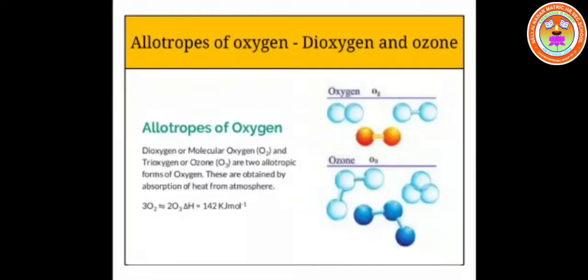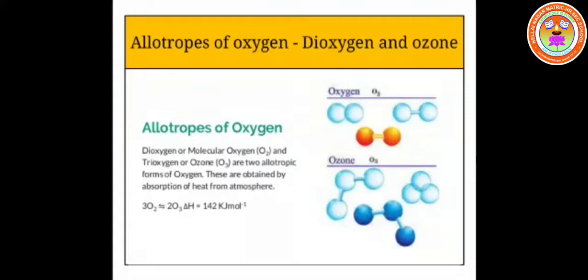See, the next slide is giving you an idea about the allotropes of oxygen. Two allotropes are discussed in our book. One is dioxygen, O2. You are very familiar with O2, the molecular oxygen which we inhale during breathing.